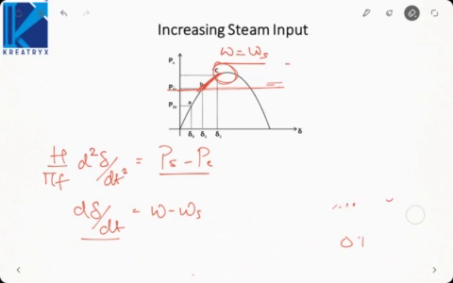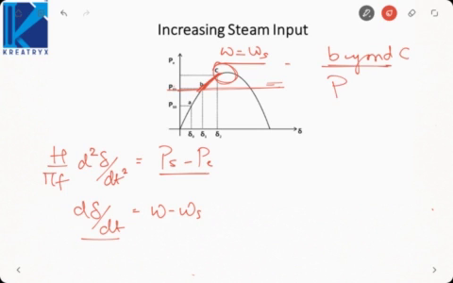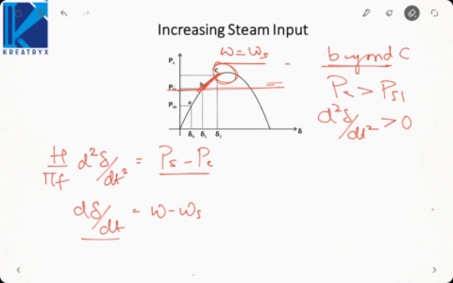Then if we try to go beyond C, PE is greater than PS1. Then d square delta by dt square is lesser than 0.